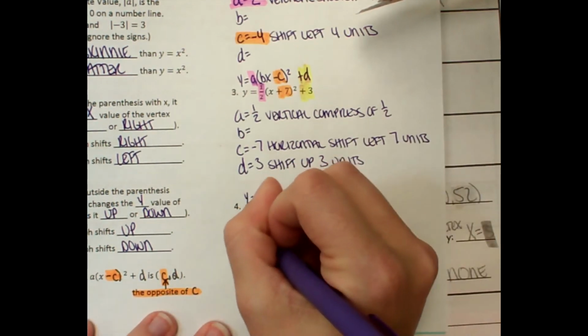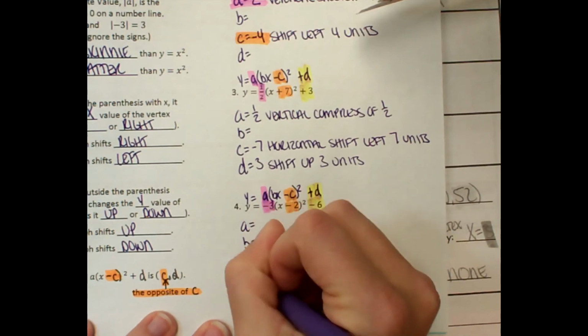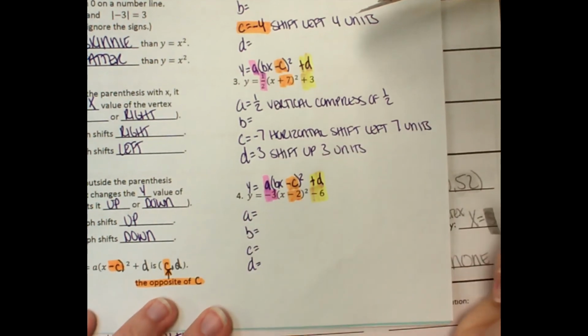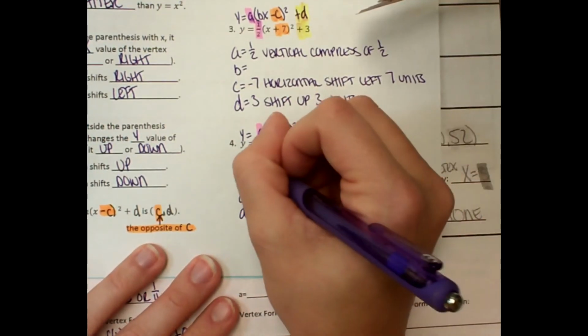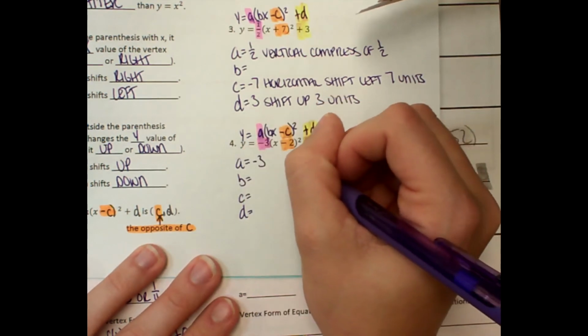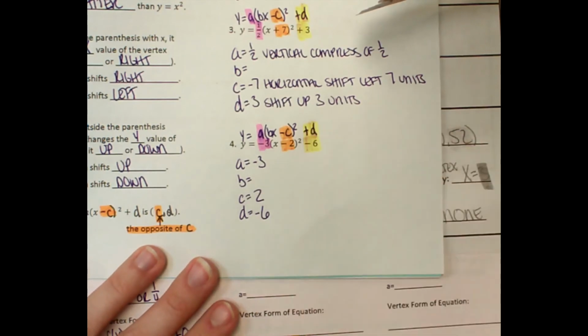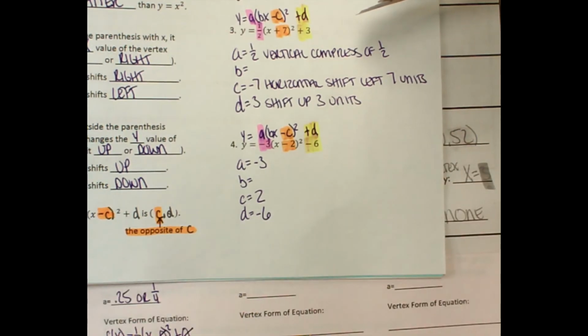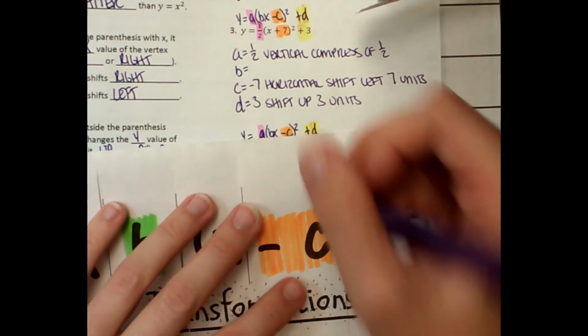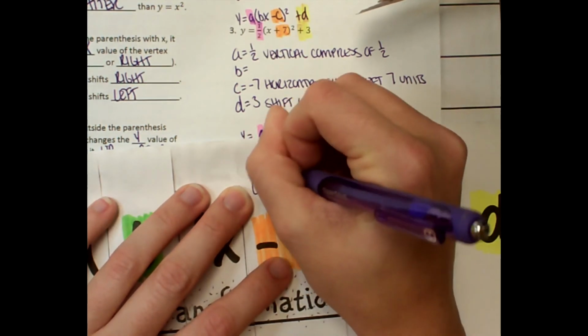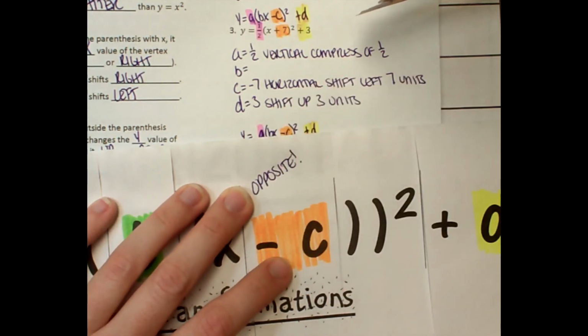So A is equal, B is equal, C is equal, D is equal. A is equal to -3. There's no B. C is a +2. D is a -6. Remember, C is the opposite of, okay? You might want to write that on the outside. It's opposite of what it tells you, okay?